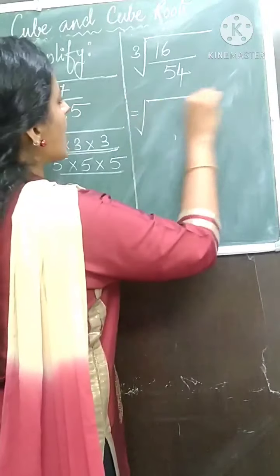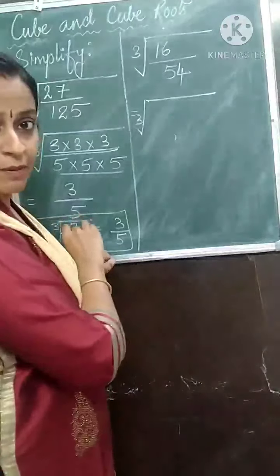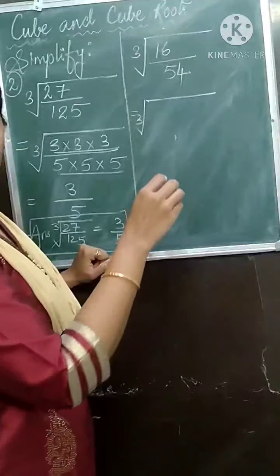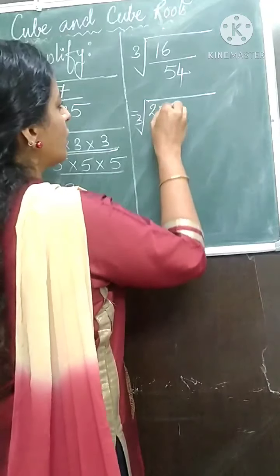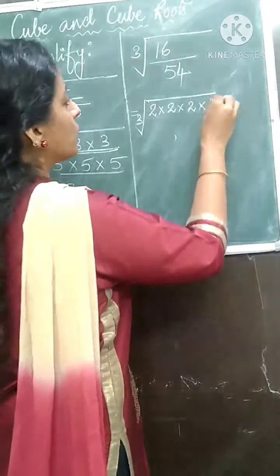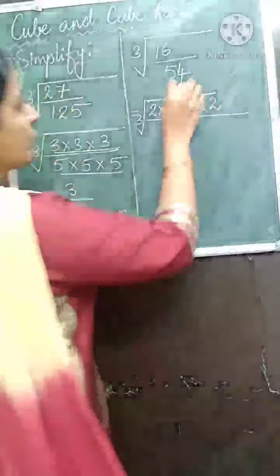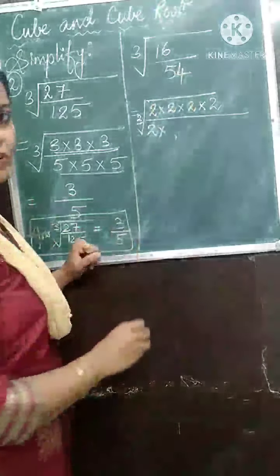Similarly, you solve this. Put the cube root sign. Putting the cube root sign is very important. 16 can be written as, find the factors, 2 into 2, 4. 4 twos are 8. 8 twos are 16. Upon 54, again do it in your mind. 2 into, divide 54 by 2.